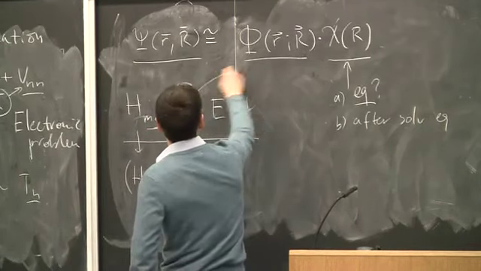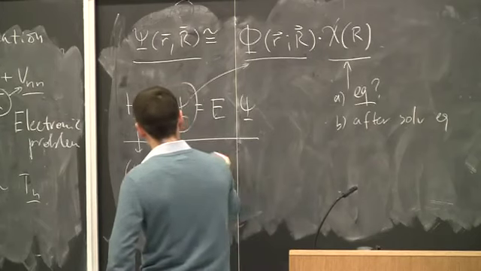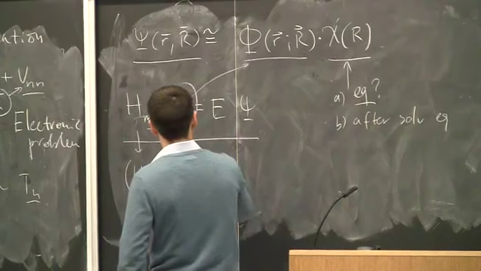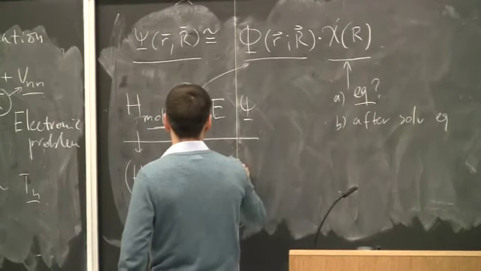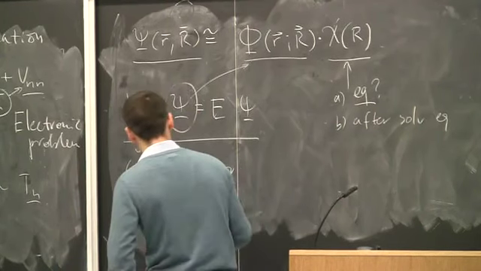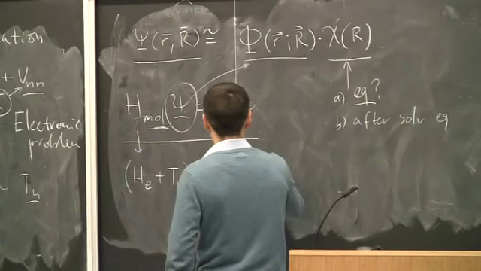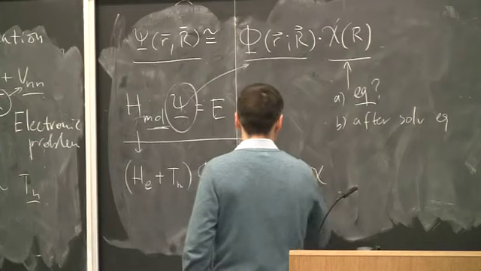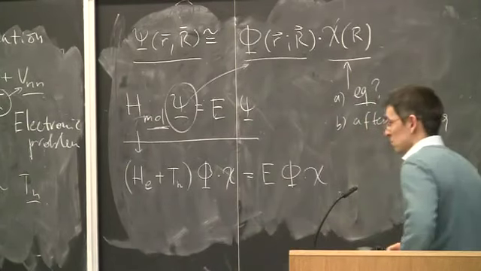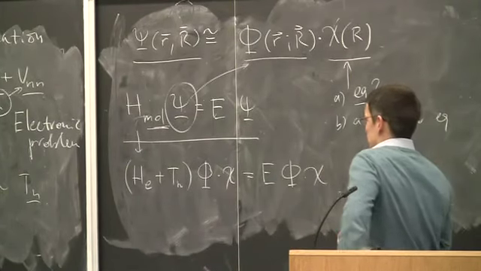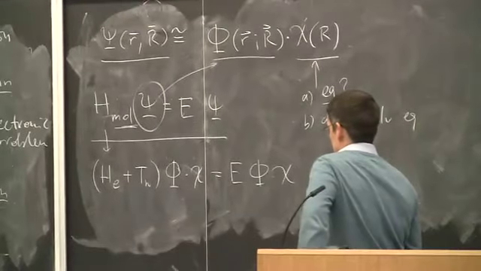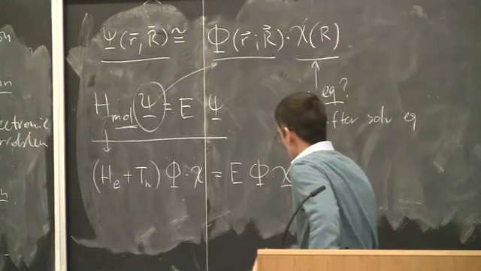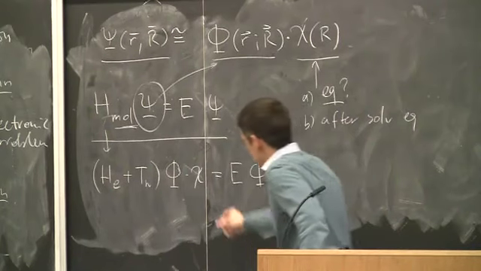Now psi is defined, we want it to be a product of phi, the one that we know, times chi, the one that we don't know. And we want this to equal some constant, multiplied again by phi and chi. All right? So technically, this is the equation for chi, because phi is known, right?